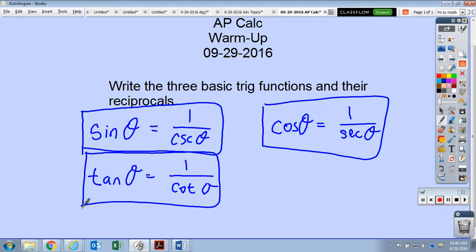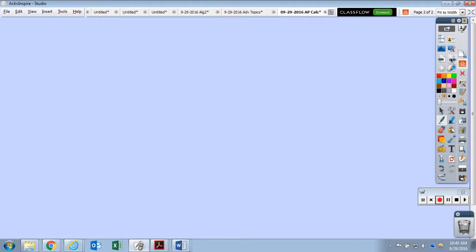All right, so let's pick back up with implicit differentiation. Where did we leave off on this worksheet? Number 6. So let's see how we can do here. Let's start with 6.